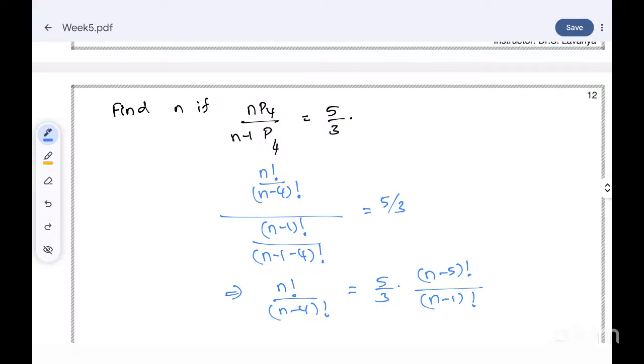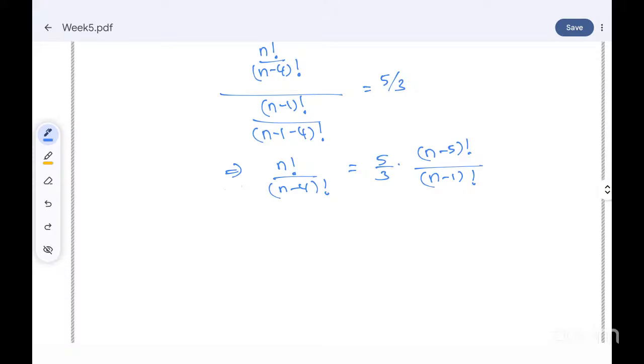Then n factorial, just like in the previous problem, is (n minus 1) factorial into n, divided by (n minus 4) factorial, which is 5 by 3. And this is (n minus 4) factorial into (n minus 5) factorial.